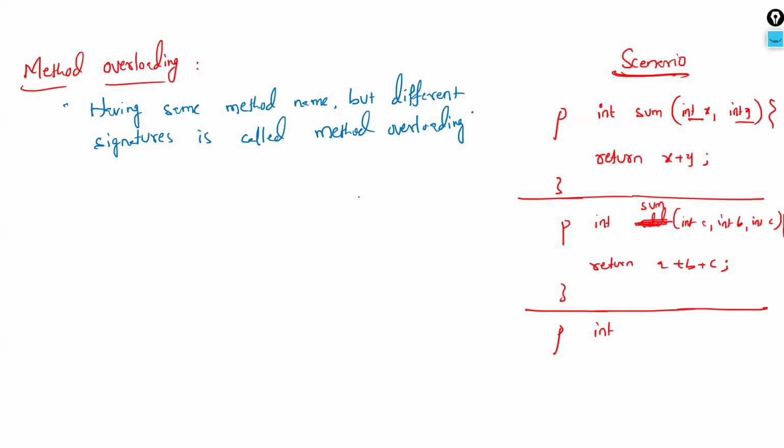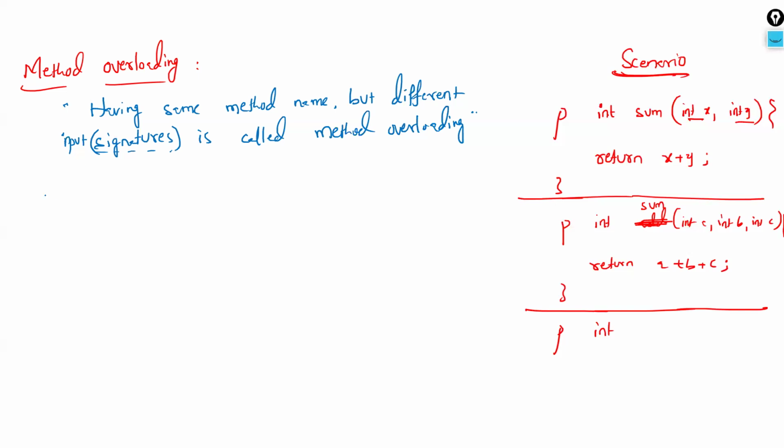Same method name but different signatures. That's called method overloading. Different in inputs. The signature is nothing but the name including the inputs. Different inputs or different signatures is called method overloading.